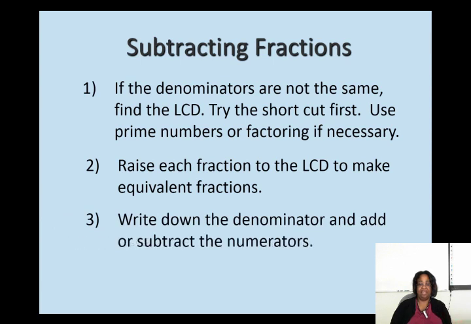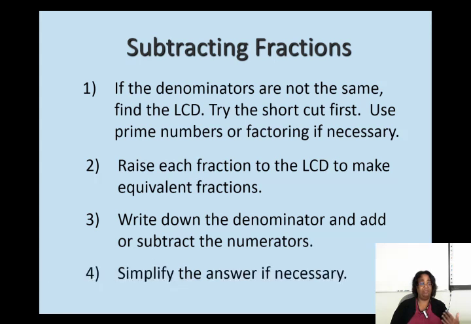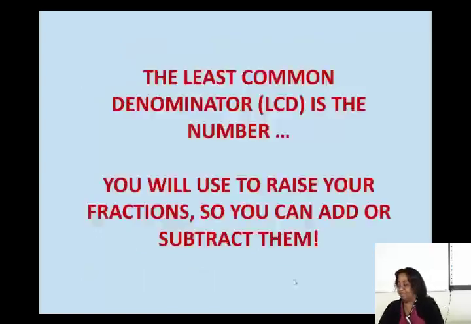Then you write down the common denominator that you have and subtract your numerators. Simplify your answer at the end if you have to. If you have to reduce or simplify, then do so. So those are the steps. And I believe these steps should be throughout your packet everywhere.